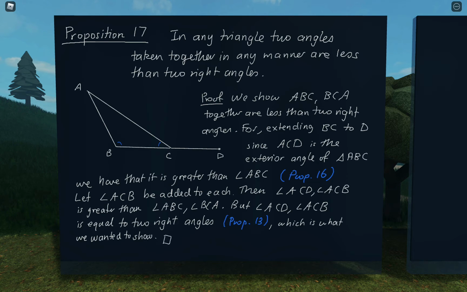We showed that this is less than ACD, ACB, which is two right angles, which is what I claimed in the beginning. Right, your turn, Kenneth.